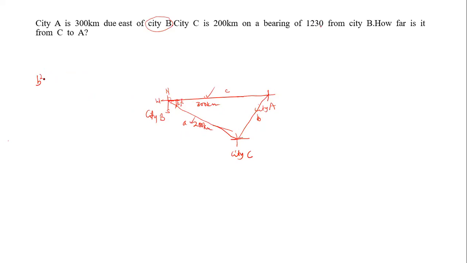So using cosine, b squared equals a squared plus c squared minus 2ac cos B. So b squared equals 200 squared plus 300 squared minus 2 times 200 times 300 cos 23 degrees.